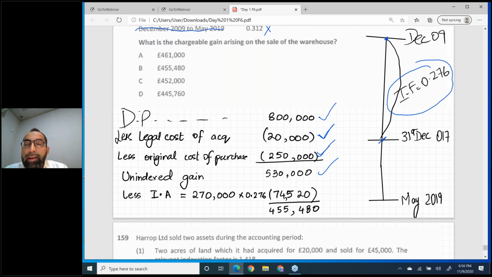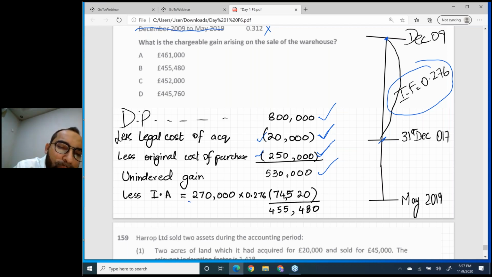And now from this unindexed gain, you will deduct indexation allowance. What is the formula of indexation allowance? I told you on the earlier slides: cost multiplied by index factor. Both costs are incurred on the same date, that is December 2009.